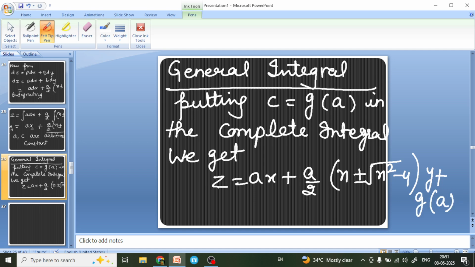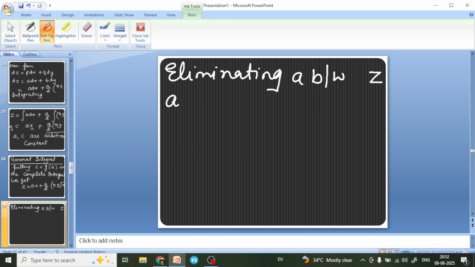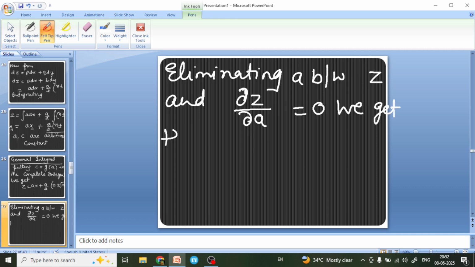This is a general integral, and eliminating a between z and the derivative of z with respect to a equal to 0, we get the general integral.